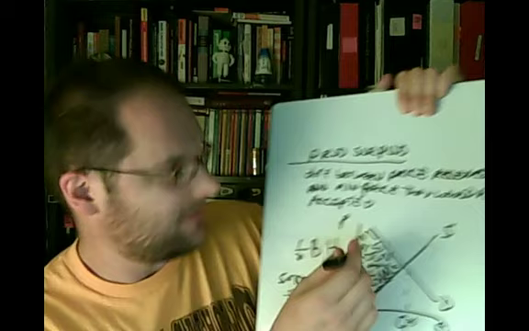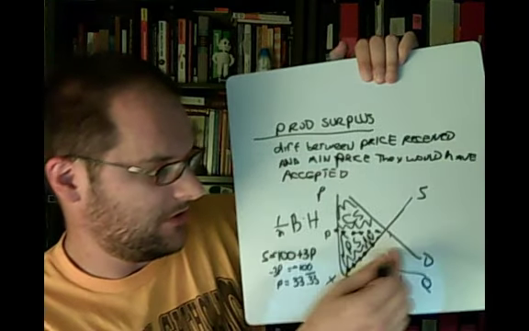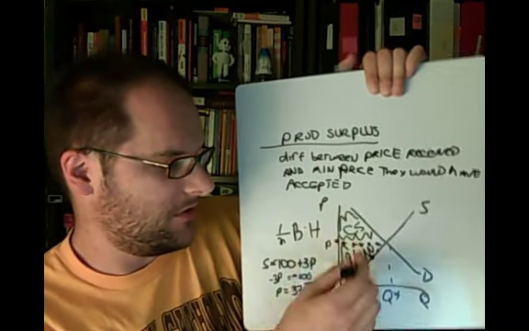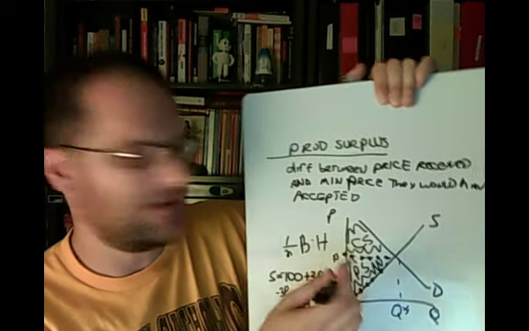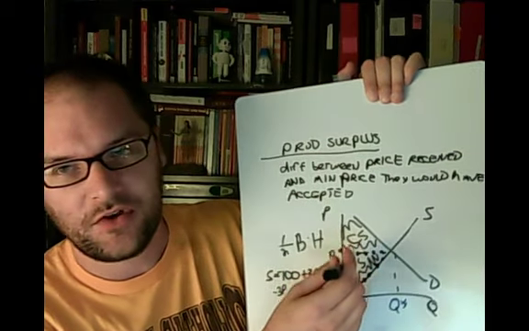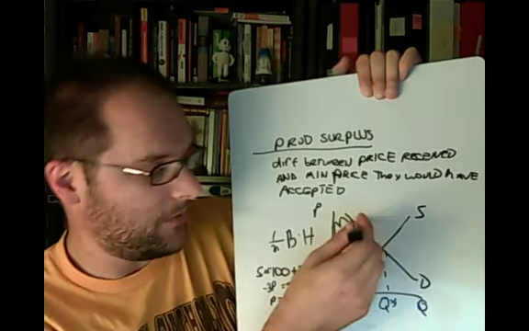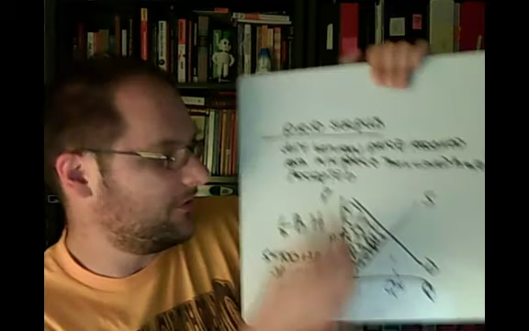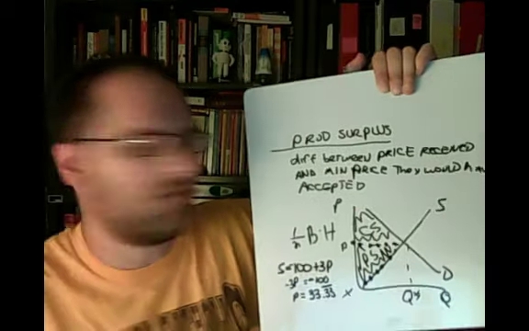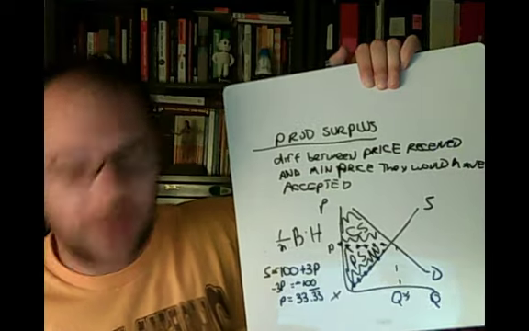What we really care about is that this entire triangle is maximized. Not really who gets what. We don't really care whether consumers feel better off or producers feel better off. What we really care most about as economists is the size of this entire triangle. And when that is maximized, we know that we have an efficient marketplace.